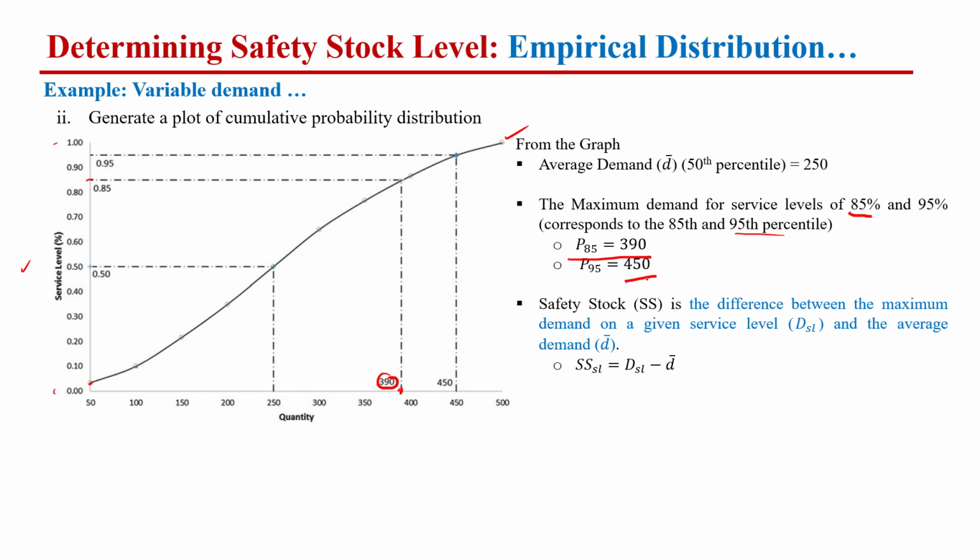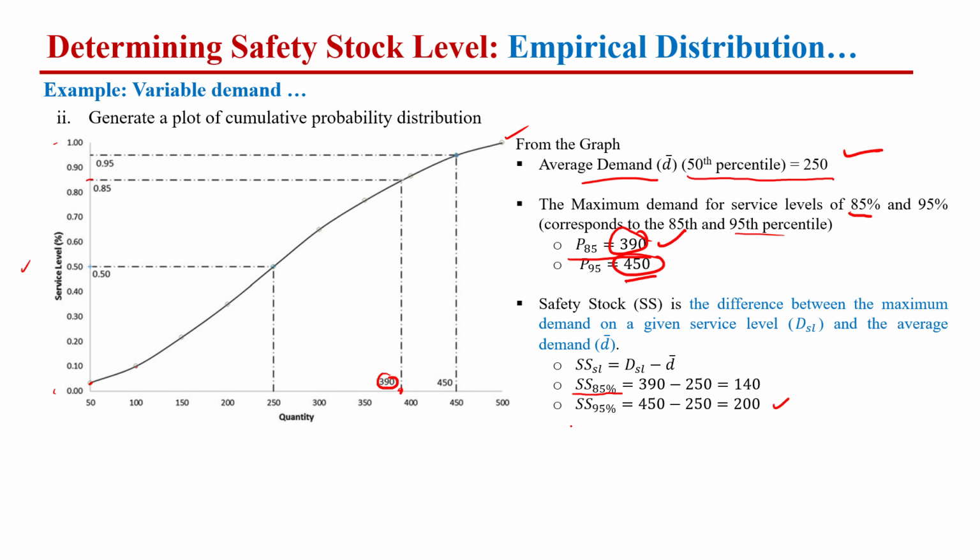In order to calculate the safety stock, we subtract this value from the average demand. How do we calculate the average demand? That is the 50th percentile, which is the average point, which is 250. So 390 minus 250 is going to be the safety stock against the 85% service level, whereas 450 minus 250 is going to be 200 against the 95% service level.